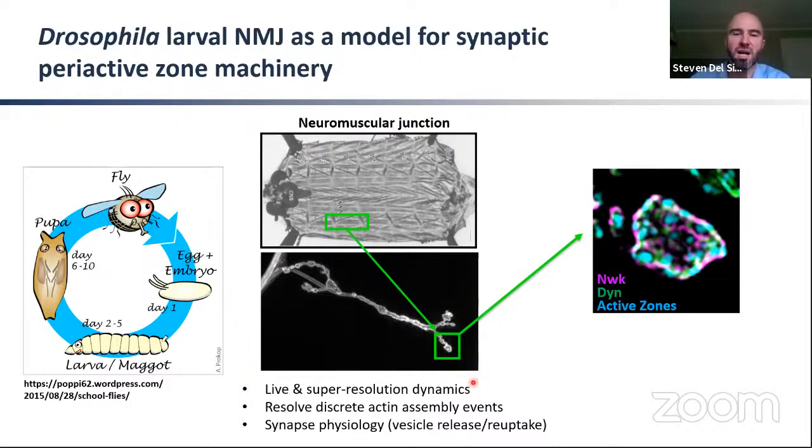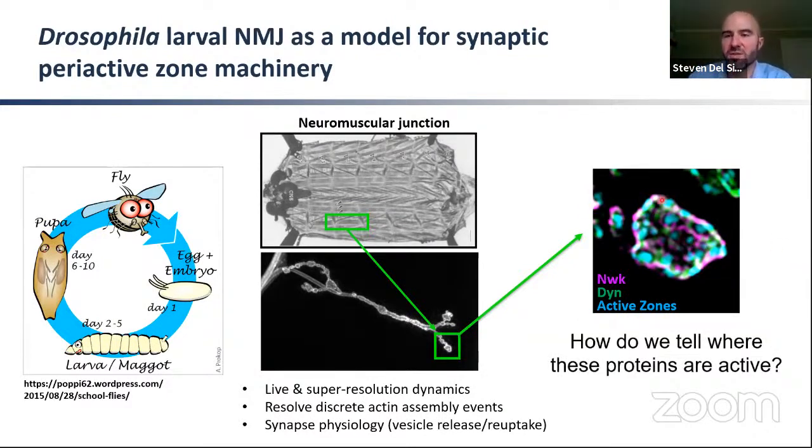For the rest of the talk, I'm really just going to be zooming in on one or two boutons, which is at this level of scale. These boutons have up to tens of individual sites of synaptic vesicle release called active zones, labeled here in cyan, and then again this very abundant and broadly distributed endocytic meshwork, labeled in magenta and green.